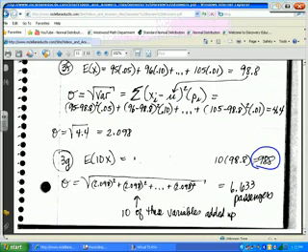So you have the standard deviation squared plus the standard deviation squared plus the standard deviation squared, and so on. I need 10 of those variances added up, and then you take the square root.